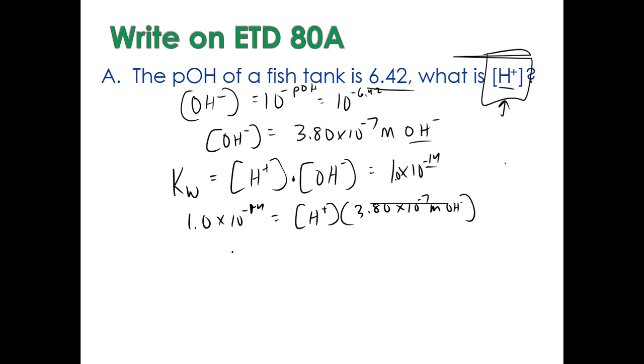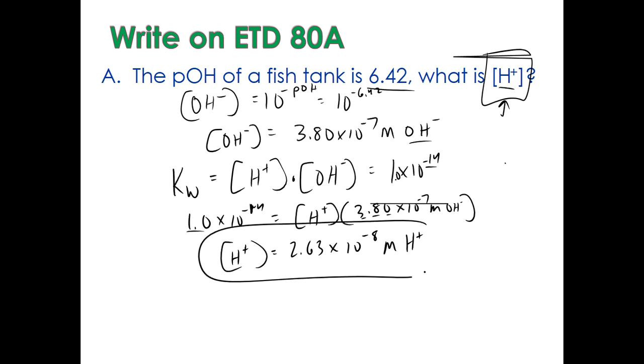If I solve for the hydrogen ion concentration, my calculator tells me with 3 sig figs, it's 2.63 times 10 to the negative 8, because you can use this 1.0 as like an ultimate accurate number of moles, right? So it's our question that gives us the sig figs, and we started with 3. So that is going to be moles per liter of the hydrogen ion concentration. And before I box this thing up, I should ask myself if it makes sense.